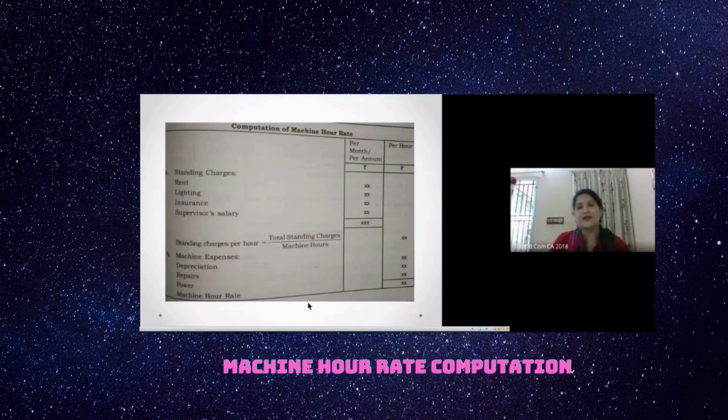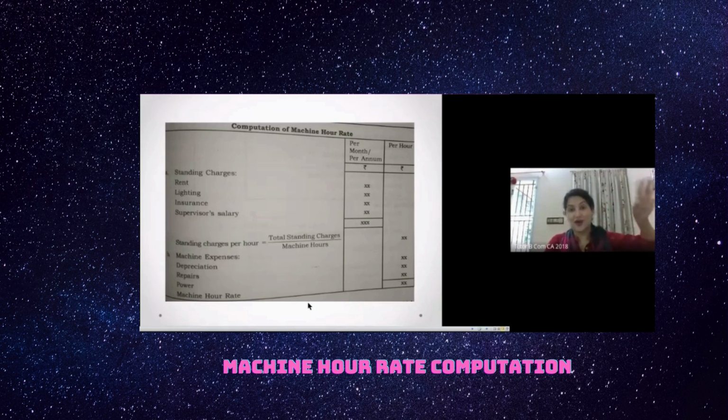In this, we can see that there are two categories: standing charges, and we will also talk about the machine expenses. Standing charges are general expenses which are related to this particular department.